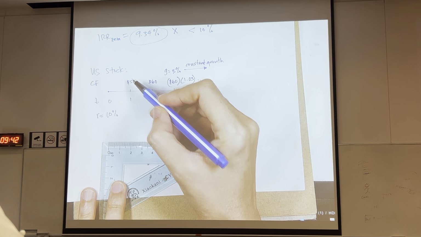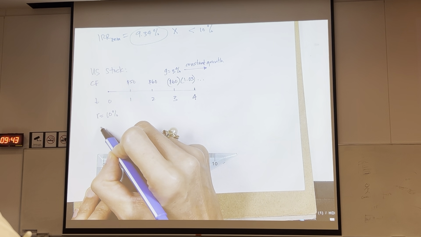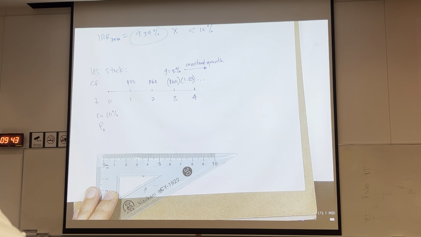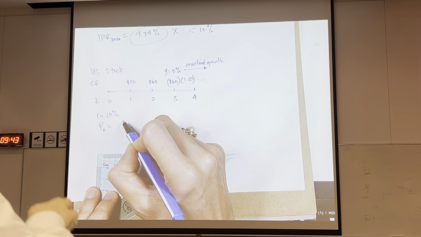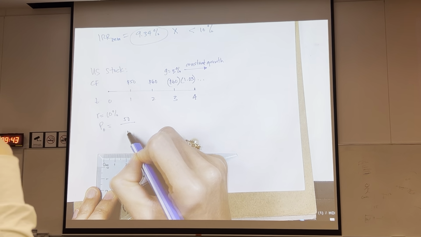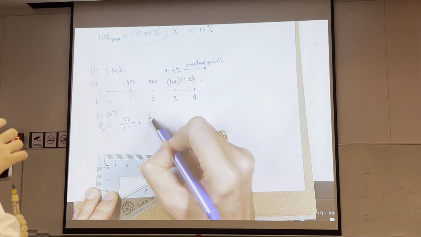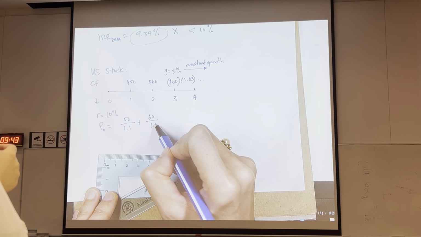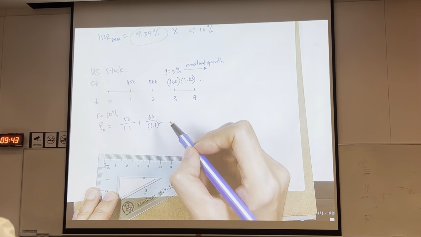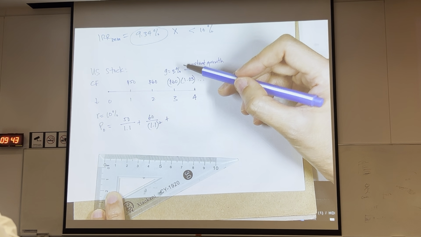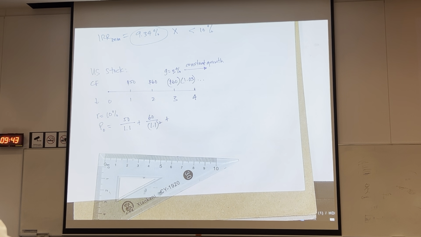So if you were to compute the price of this stock at time 0, how much your stock is worth, you would discount the future dividends, so 50 divided by 1.1 for the first year, plus 60 divided by 1.1 squared, right, for the second year, plus you need to recognize that this is a constant growth formula, right?